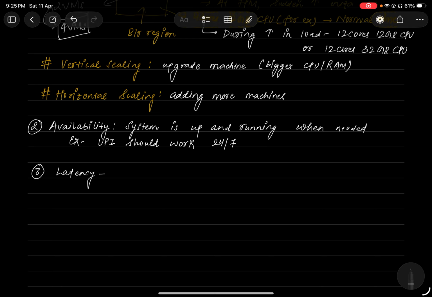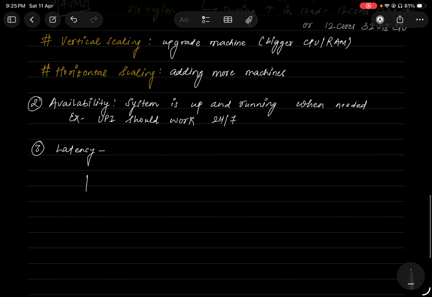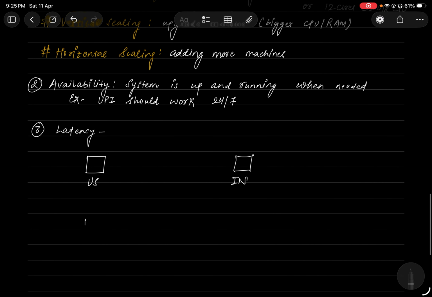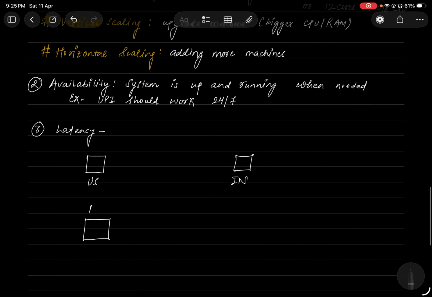So latency, I will just give you an example. Let's say one of my clients is in the US, and I'm in India. And let's take another example. One of my clients is in, I will say, Bhutan, and we are in Bangalore, again India.